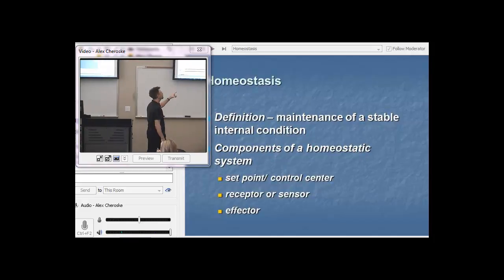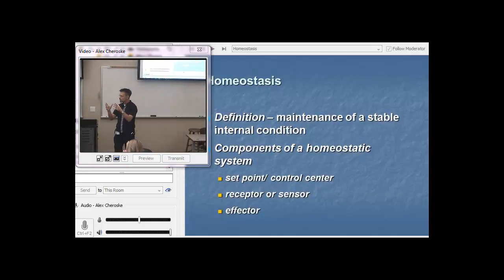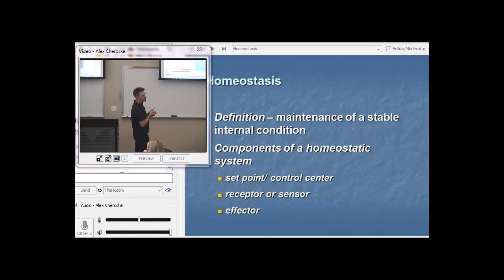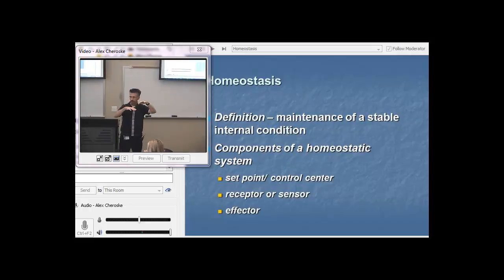So the last thing that a homeostatic system needs is an effector. So something that will produce the desired effect. And so for your home heating and cooling system, that's going to be your air conditioning unit outside or your heating unit, right? So if the thermostat sees that set point is 79 degrees, and it's like 85 degrees in the house, it needs to turn on the air conditioner, the effector, to bring that temperature back down, right?